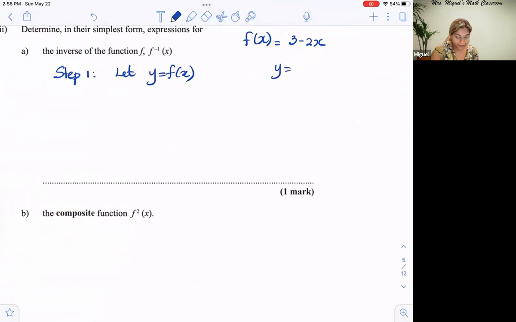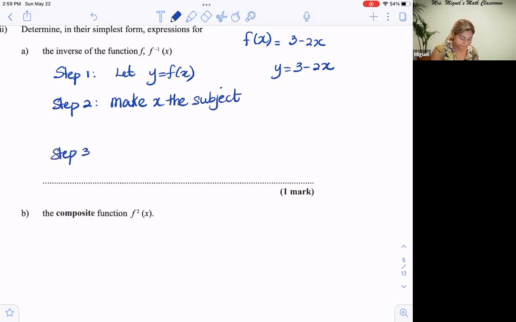So y is 3 minus 2x. Step 2, make x the subject. And step 3, replace y with x. So you try it.